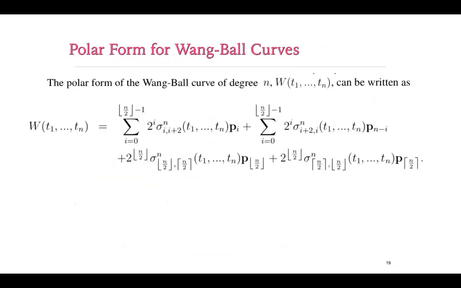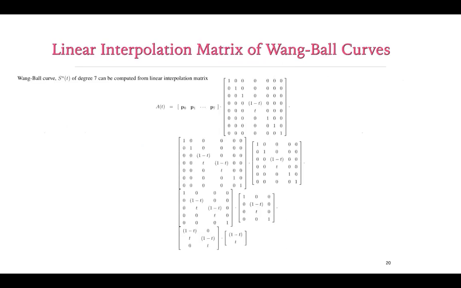Okay, and this is the polar form for Wang-Ball, right? In order to get the very clean and nice formula, right, we can just simply use the polar form approach in order to come up with the nice formula, right? And this one is also the linear interpolation matrix of Wang-Ball curve, right?